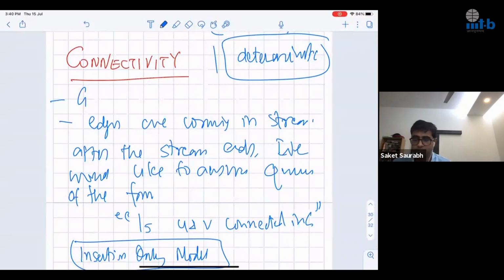What should you do? Can you suggest what could be a good thing to keep so that I don't keep too many edges? Okay, what do you mean by this? How much space will it take? Prashant, can you unmute yourself and tell others about your idea?